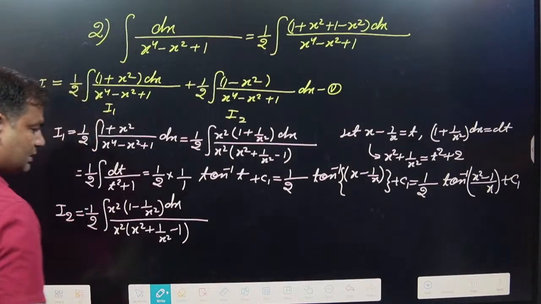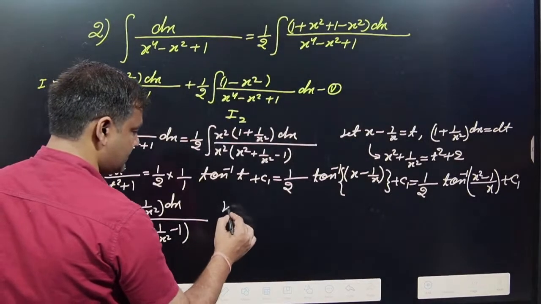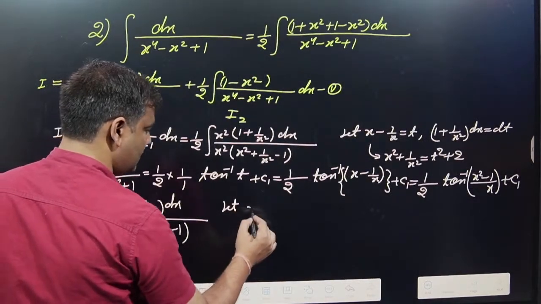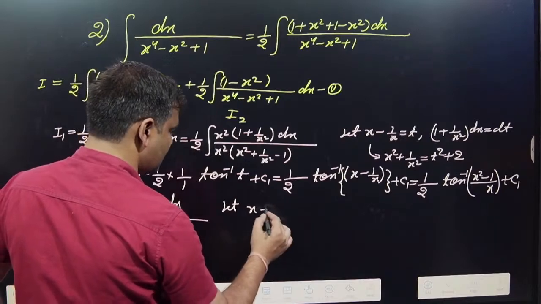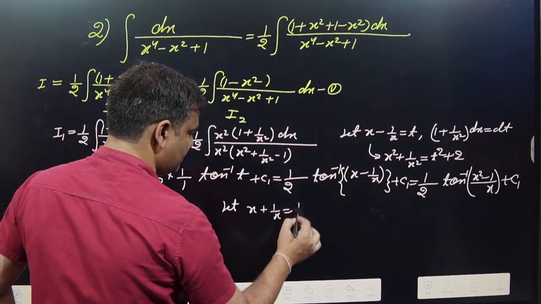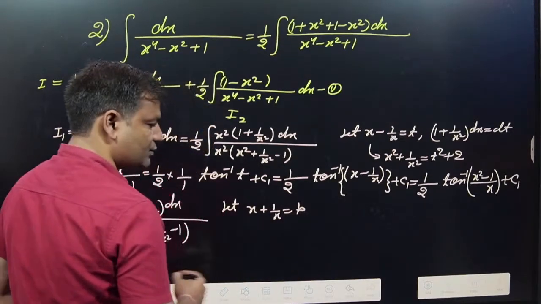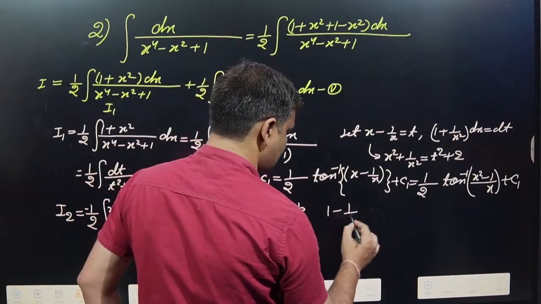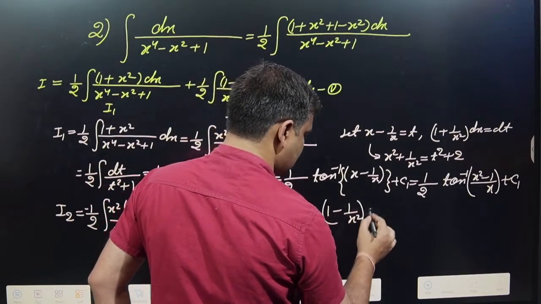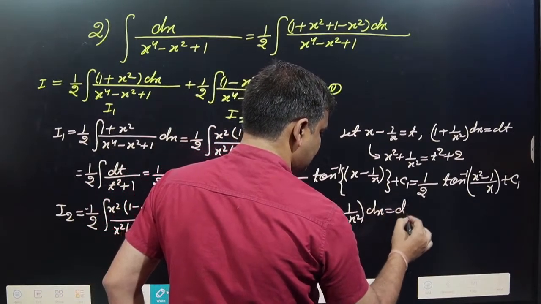Okay, now look here, let x plus 1 upon x be equal to p, so 1 minus 1 upon x square dx is replaced by dp.